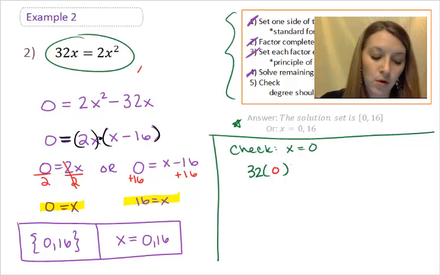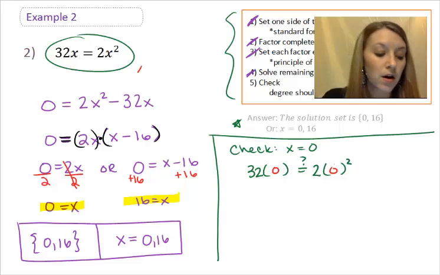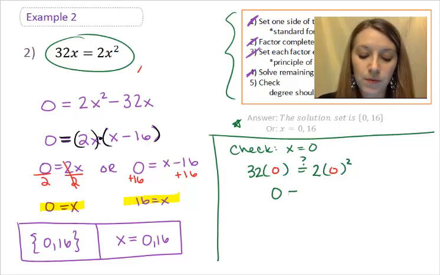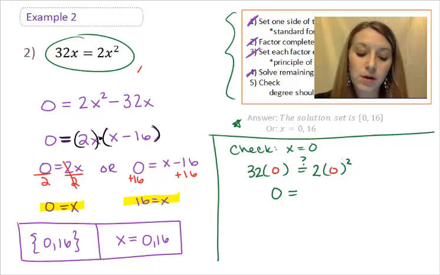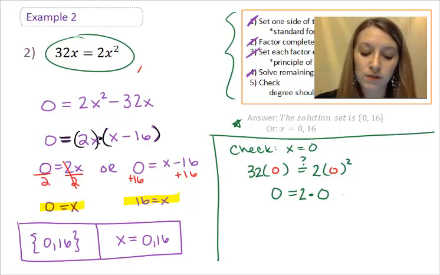And we want to know, is this equal to 2 times my x squared, where again I substitute in 0 for x. On the left, 32 times 0 gives me 0. On the right, 0 squared gives me 0. And when I multiply that by 2, it of course also gives me 0 as well. So that half of the equation checks out.